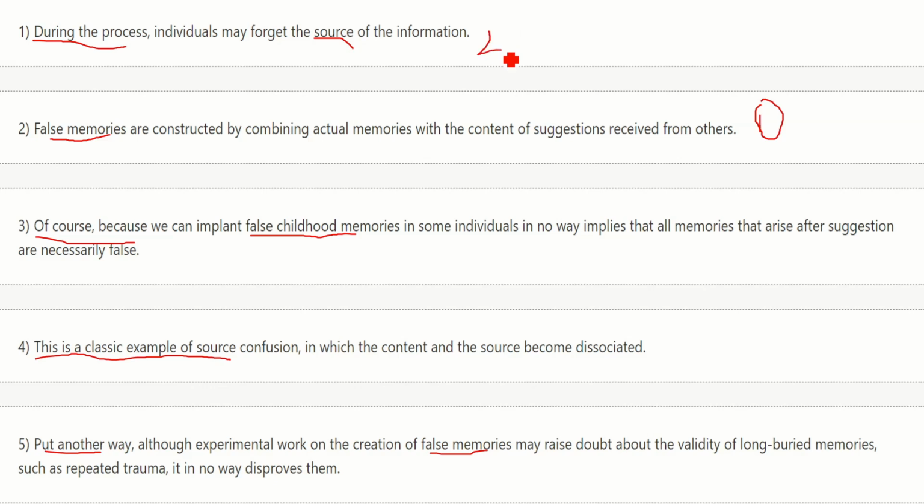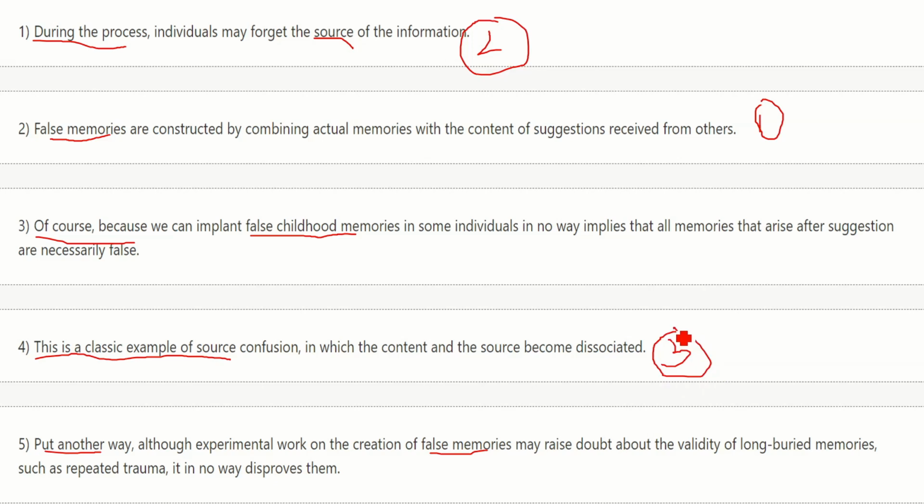Now second sentence is, during the process individuals may forget the source of the information. Now where individuals may forget the source of the information can be the classic example of the source confusion in which the content and the source become dissociated. This is the third sentence.